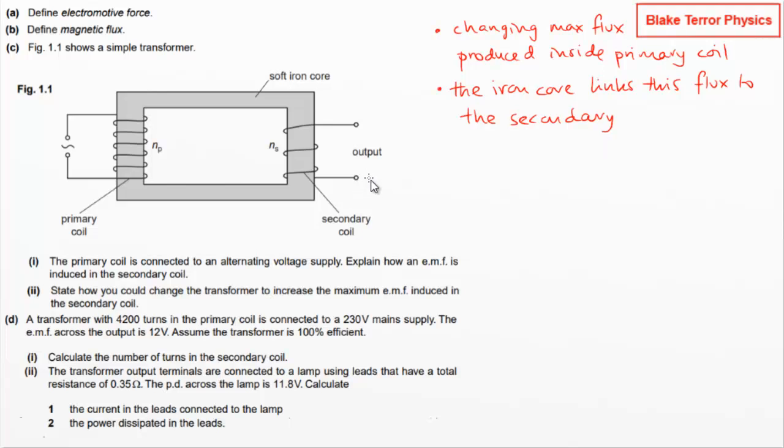Then we can say, similar to the first one, that the changing magnetic flux linked to the secondary coil induces an EMF.